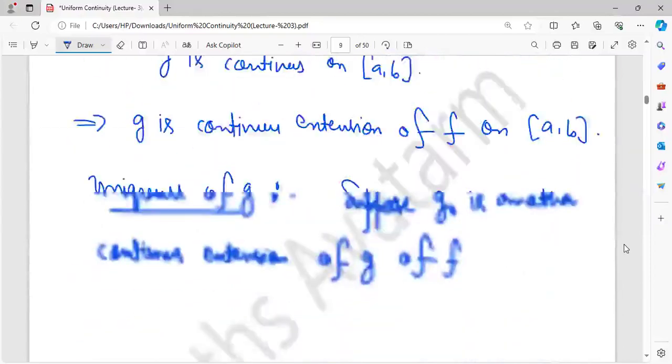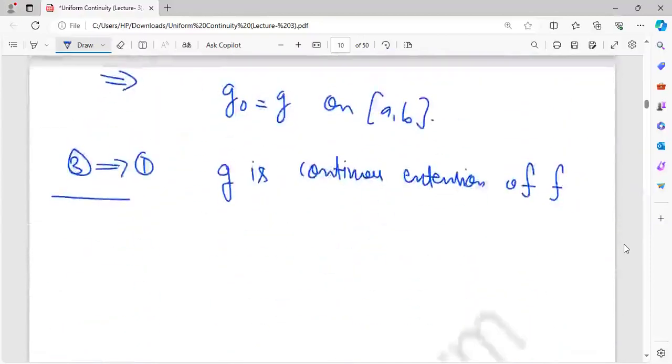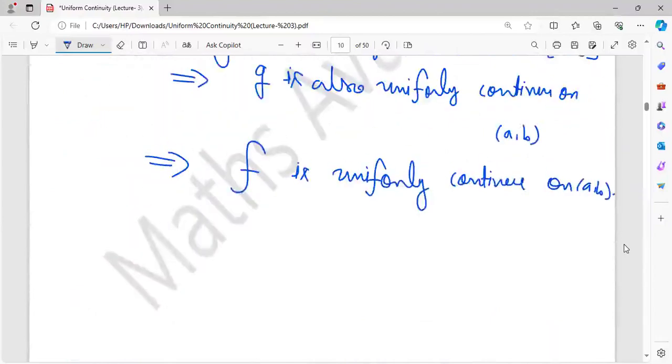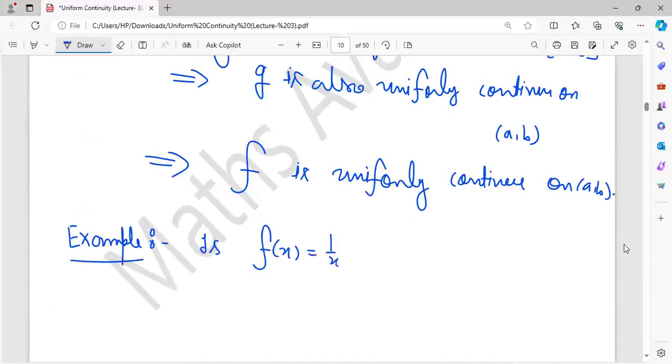Why are we studying this theorem actually? It has use. So we are going to see this example. Suppose f(x) is equal to 1 upon x on open interval 0, 1.